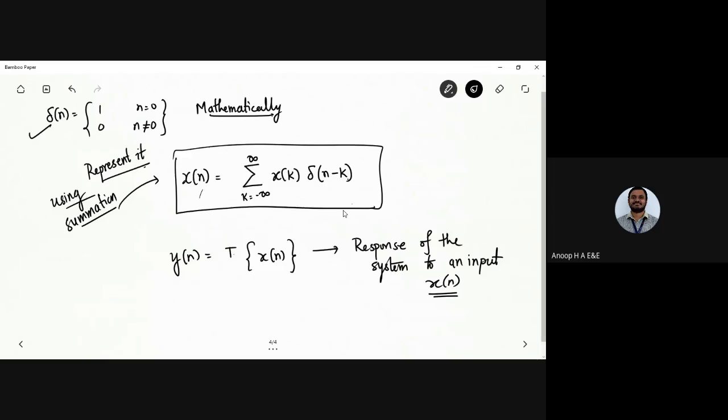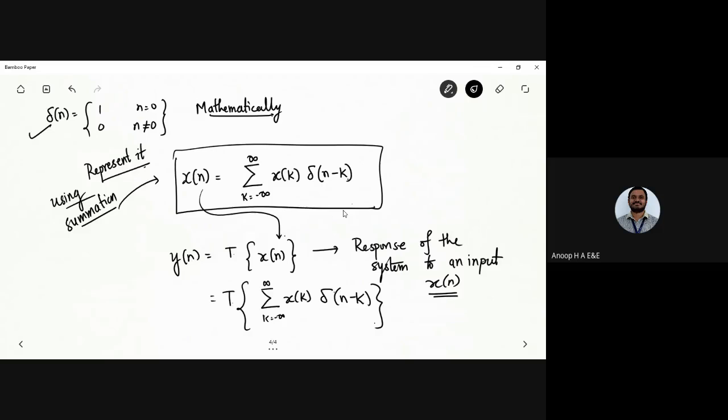So this x of n can be written over here, and I'll be applying a T operator there. So what will I get? Sigma k equals minus infinity to plus infinity x of k delta of n minus k.